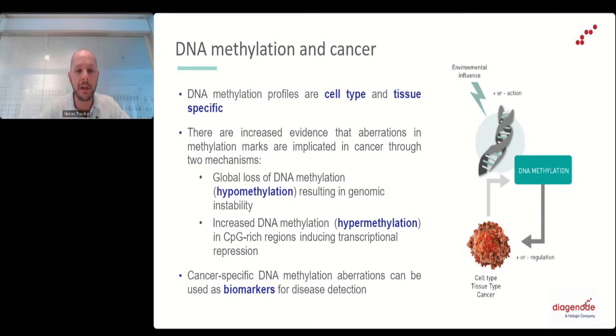In cancer, we can find two main different mechanisms: a global loss of methylation, which is called hypomethylation, which can result in genomic instability, but also an increased DNA methylation, which is called hypermethylation, specifically at some regions, mainly at CpG-rich regions, which usually induces transcriptional repression. Knowing that, researchers know that now aberration of DNA methylation in cancer can be used as a biomarker for early disease detection.